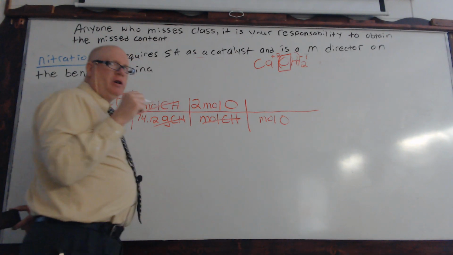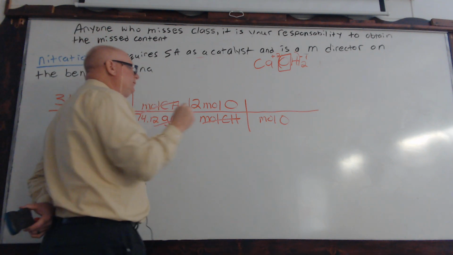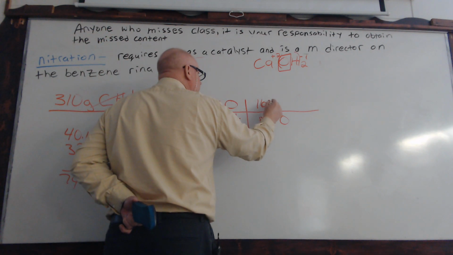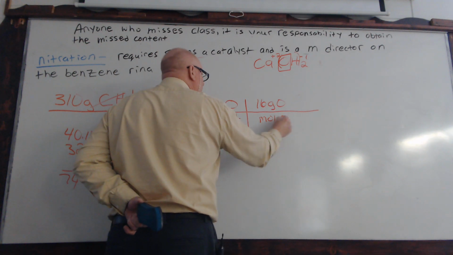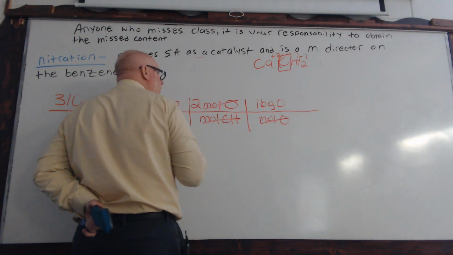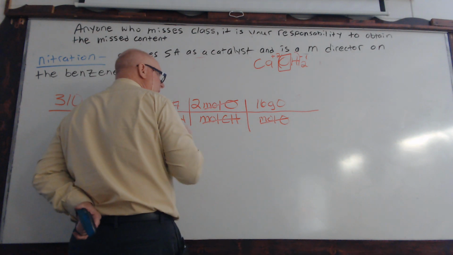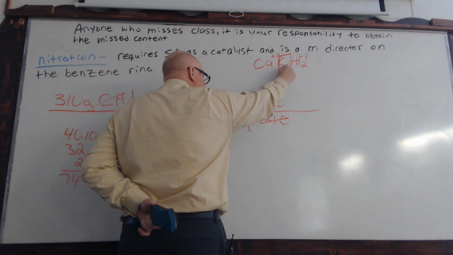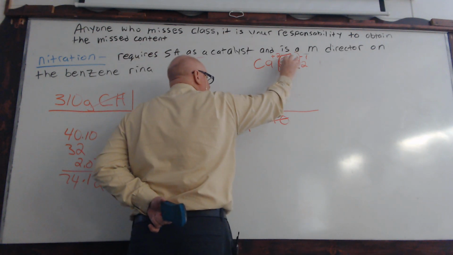Where are we getting carbon from? Where are we getting hydrogen from? Okay. So are we done converting everything? Yes, because we're looking for the mass of oxygen. Because we started with 310 grams of this entire compound.